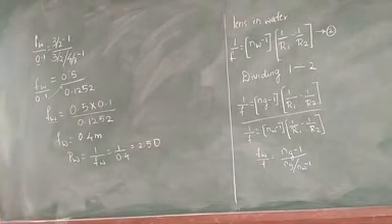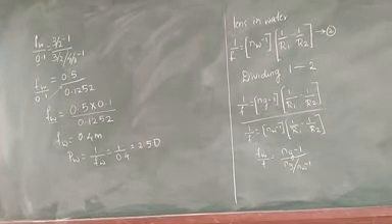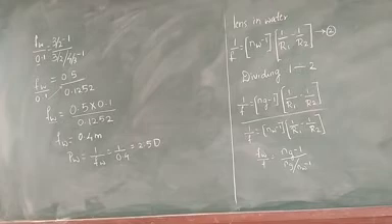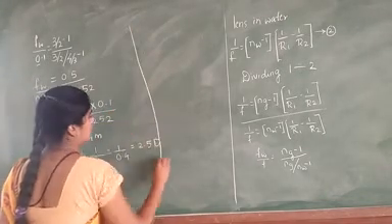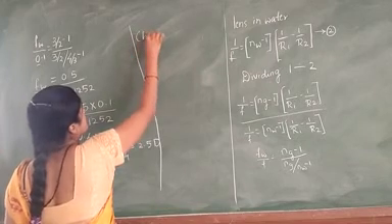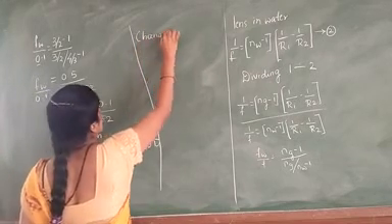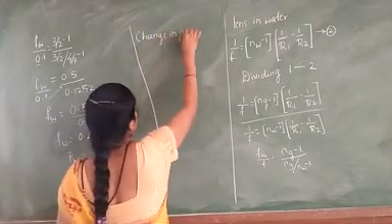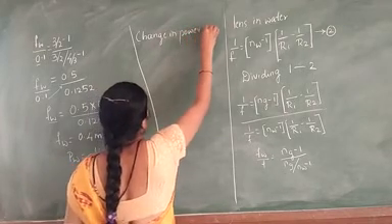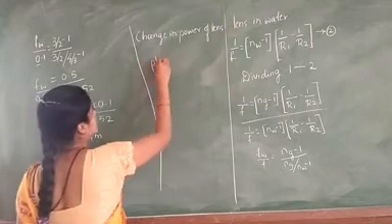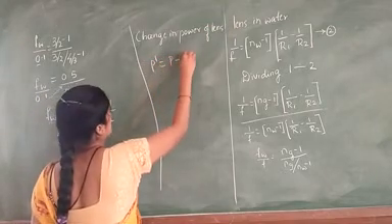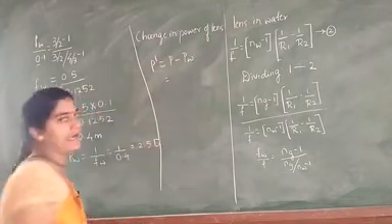And in the question, see what we have to find: what will be the change in the power of the lens. Therefore the formula is P dash is equal to P minus Pw, the change in the power of the lens. Now put the values of P and Pw.